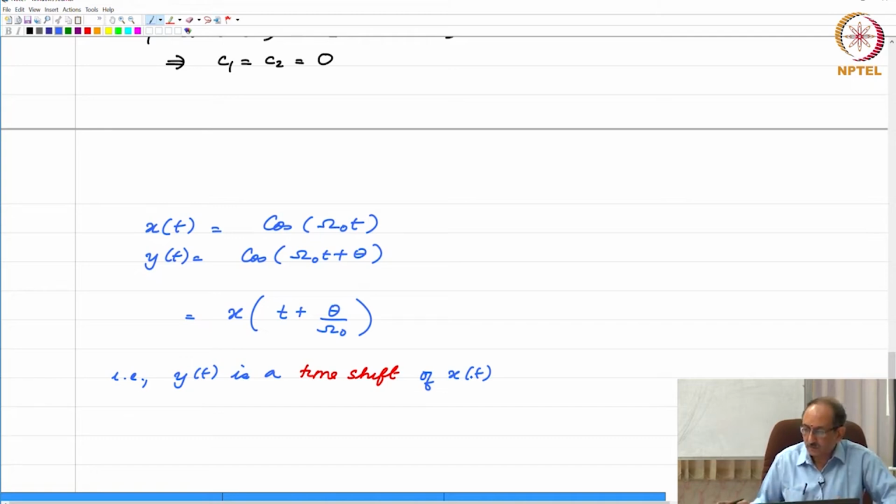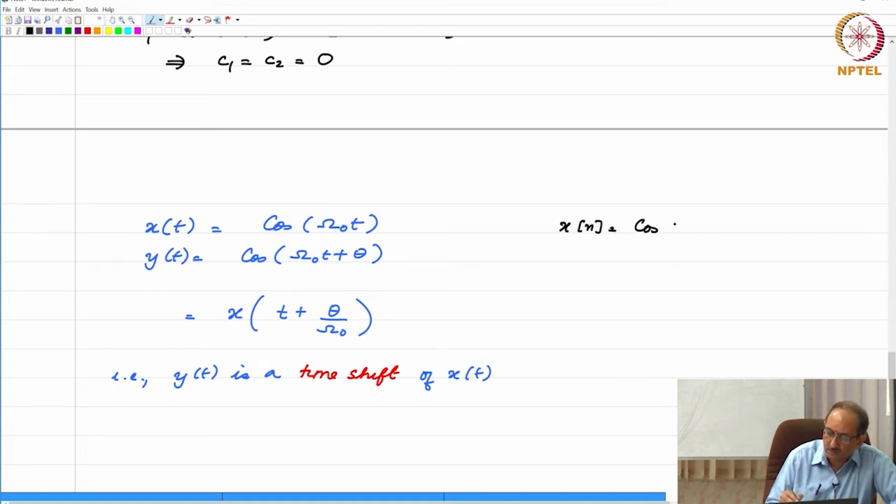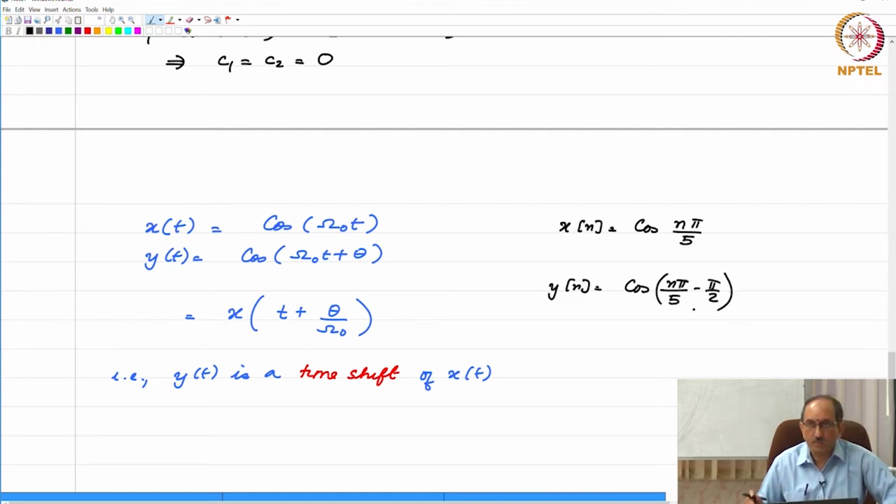Now let us see how this compares in the discrete time case. Now let us consider this particular example. So let us consider x of n as cos n pi by 5, and then y of n is cos n pi by 5 minus pi by 2. All right.